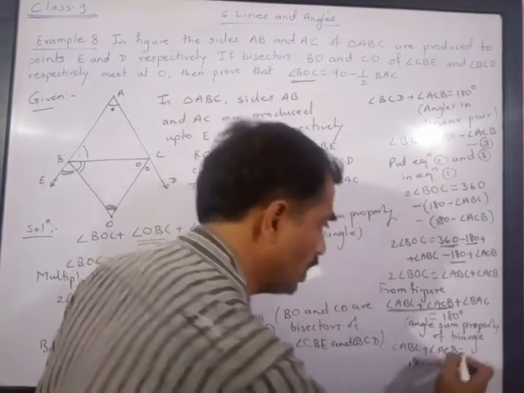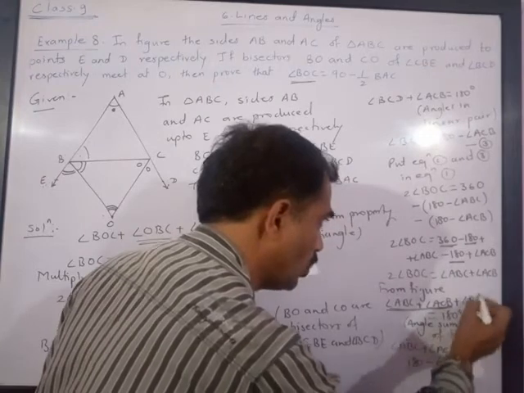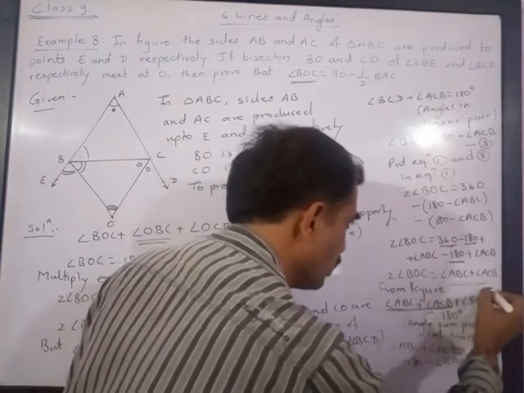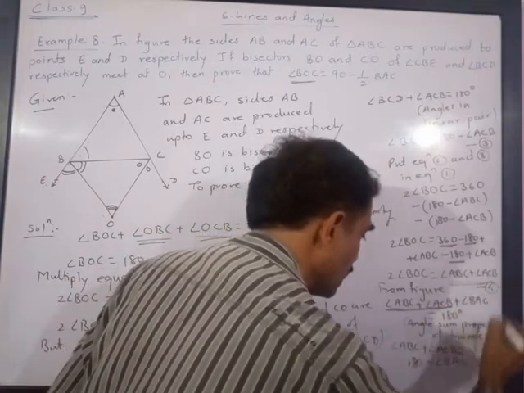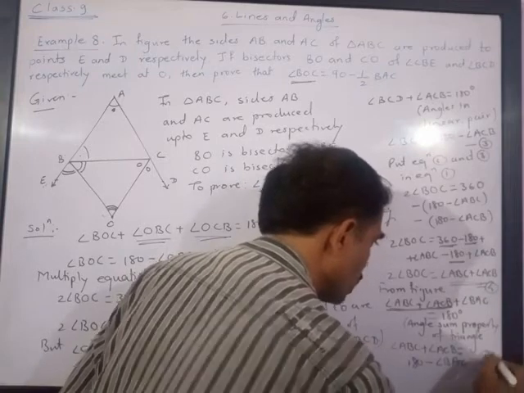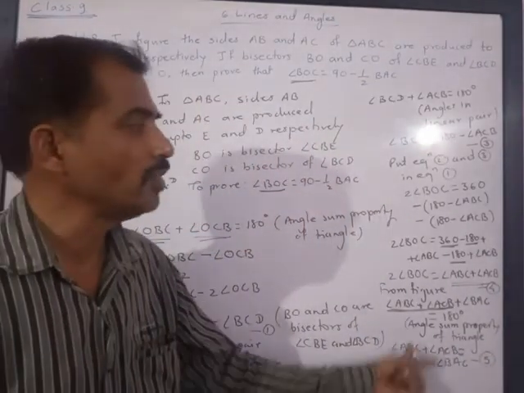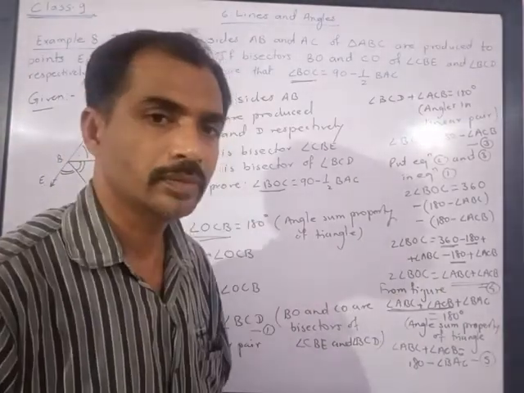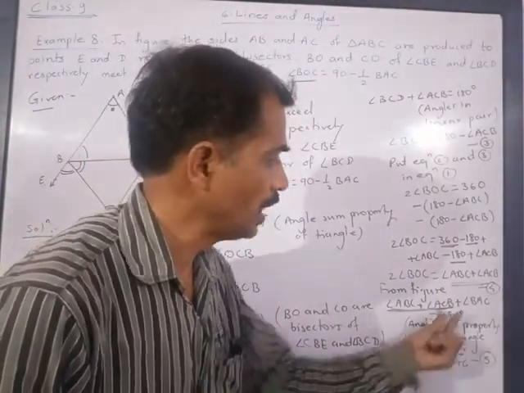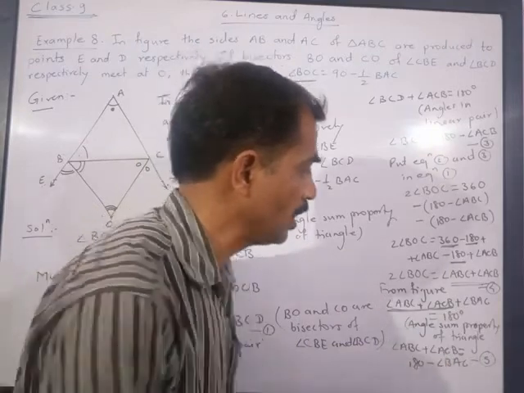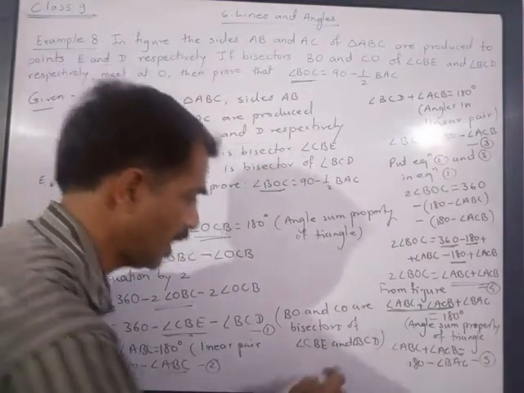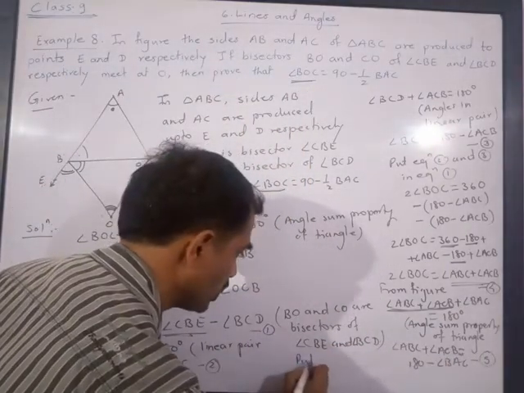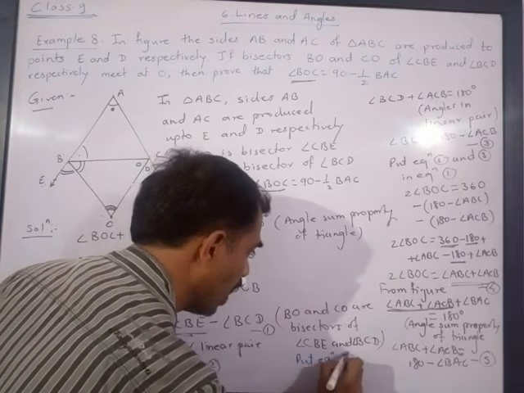Watch carefully, I have got the value of this. Give this equation number 5 and the earlier one equation number 4. So if you put equation 5 in equation 4, we will get the answer.